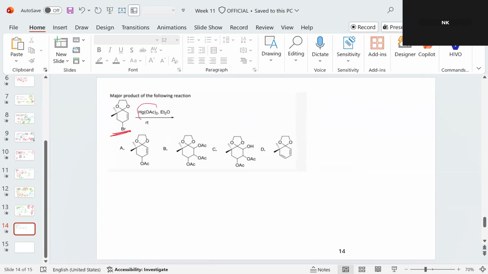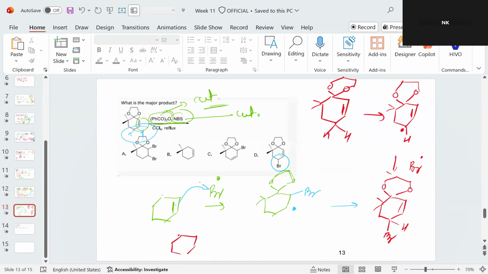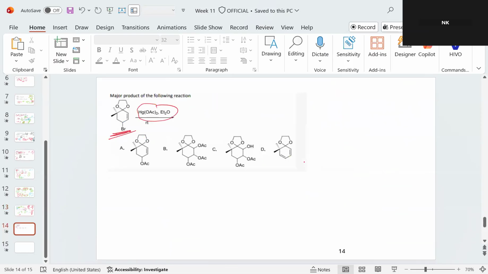Okay, the next reaction is on the product we got here in the question, as you mentioned answer D, by maybe such a mechanism. So we have this starting material, and if you perform this reaction with Hg acetate in diethyl ether at room temperature, what will be the product here?